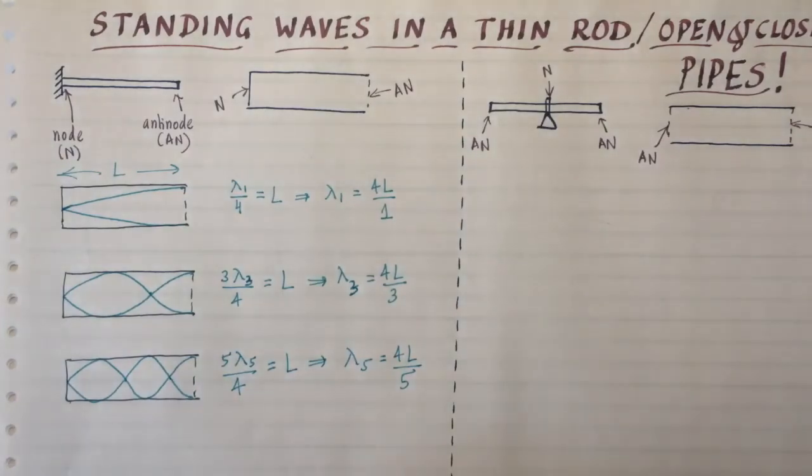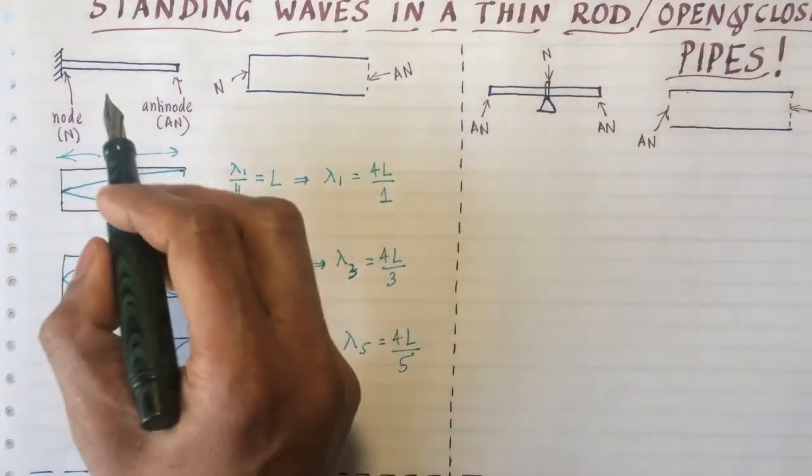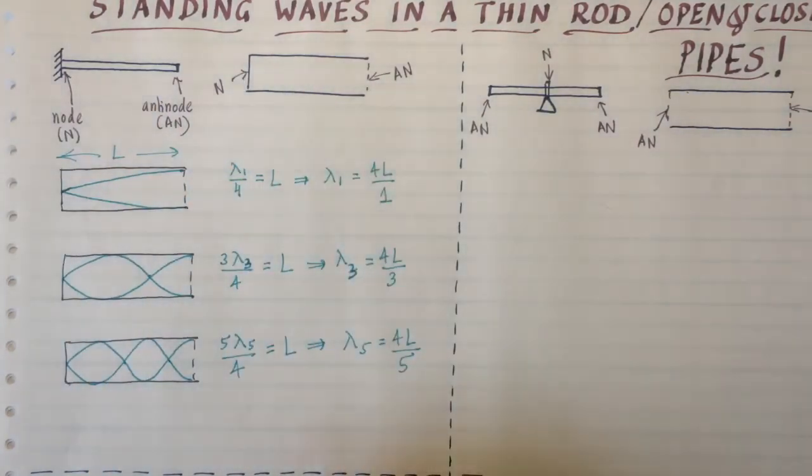So this result is sometimes summarized in books, for example, by saying that only the odd harmonics will occur in either a rod clamped on one end or a pipe with one end closed.